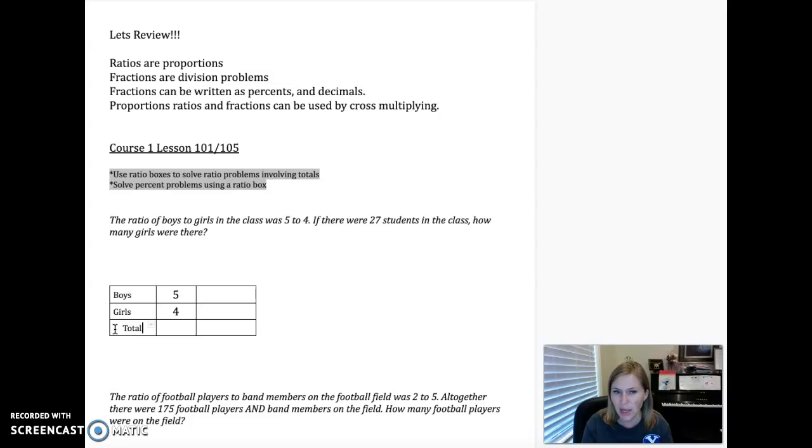So let's make a spot down here for total students. Now, the total of everybody in the class was 27, not the total of my ratio, and this is where it gets confusing. So when we're filling this out and we start writing 5 and 4 and then total, we need to figure out what the total is.